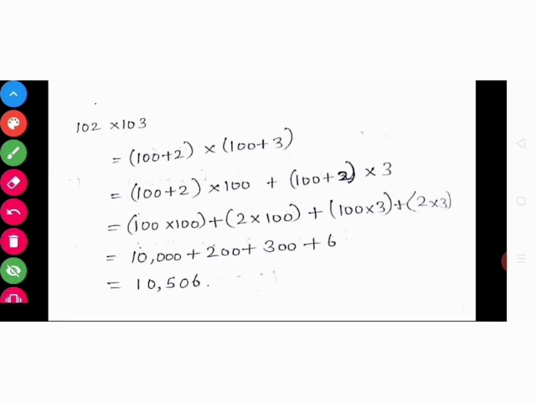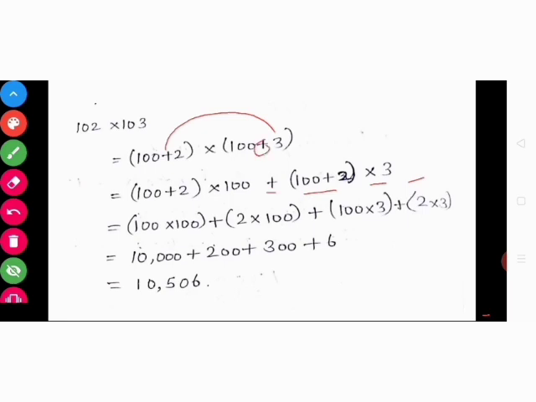Next, what do you want to do? You want to multiply this term into this term. Okay, children? 100 plus 2 into this 100. Next, 100 plus 2 into 3. In between, what is the symbol? Plus.